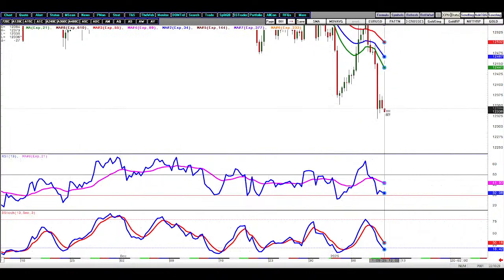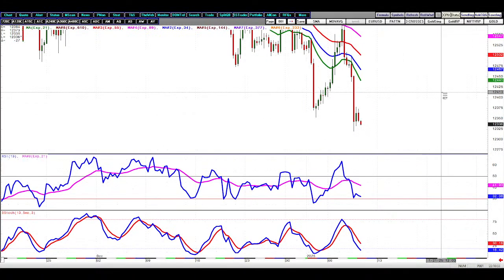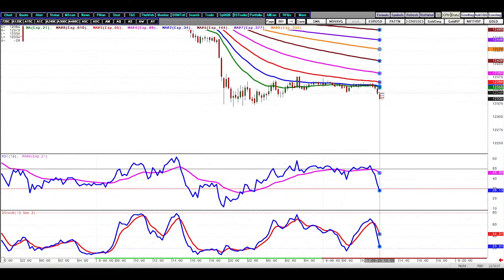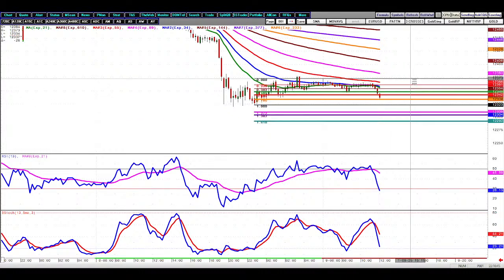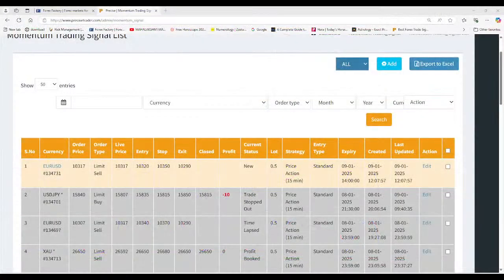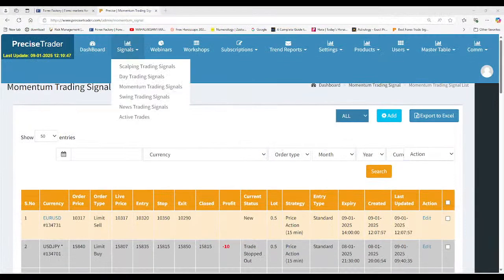So we will use 12345 as a reference level, and we'll try to sell at 12350. This is a very cautious trade, and try to exit at 12305. Let's see what signal we have given on this.